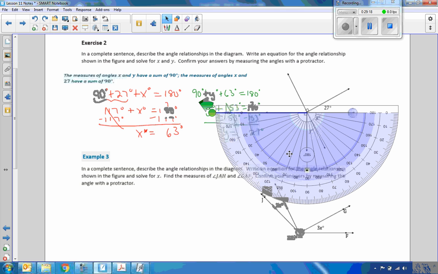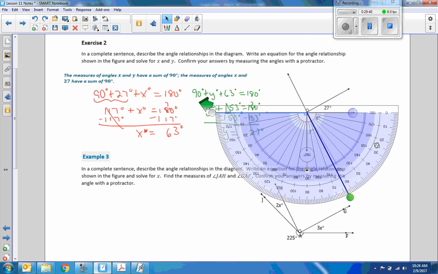So, if I want to know what y degrees is, I'll have to move this. So let's do the x first. So x is right here. And here's 60 plus 3. So that does say 63 degrees, so that checks.